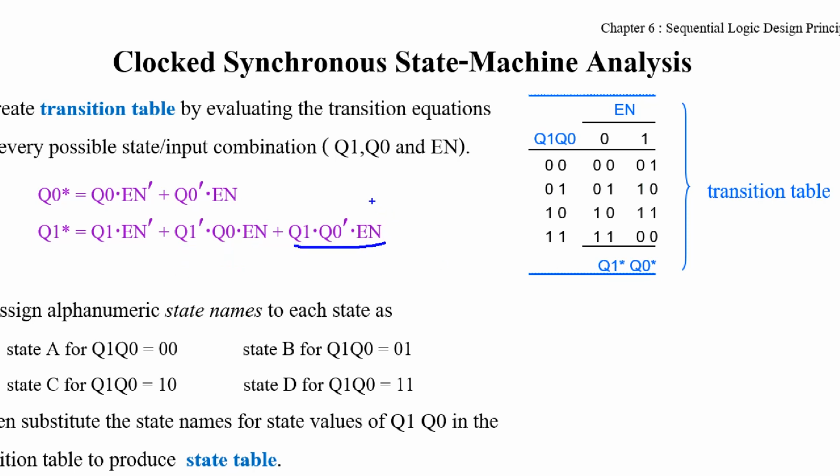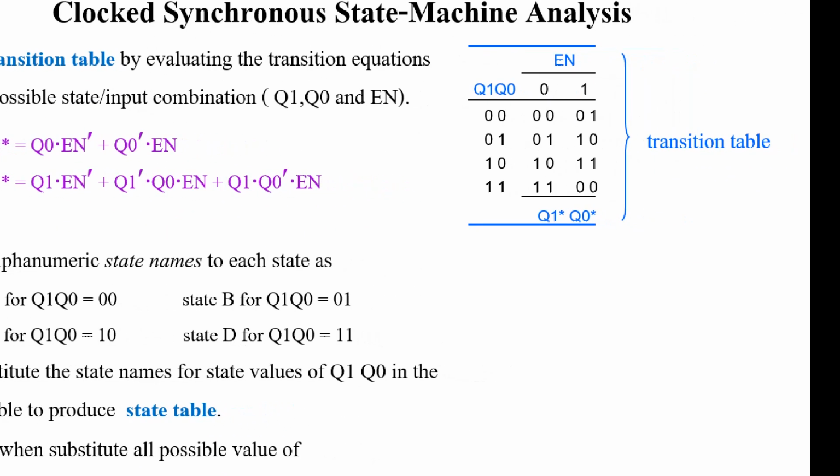And this term, En is 1, Q1, Q0 is 1, 0, so 1 here. You may do something like this, maybe faster. Now this is the transition table.